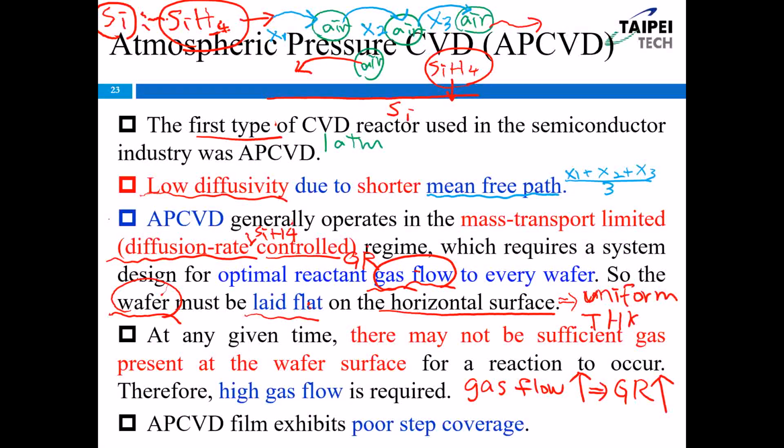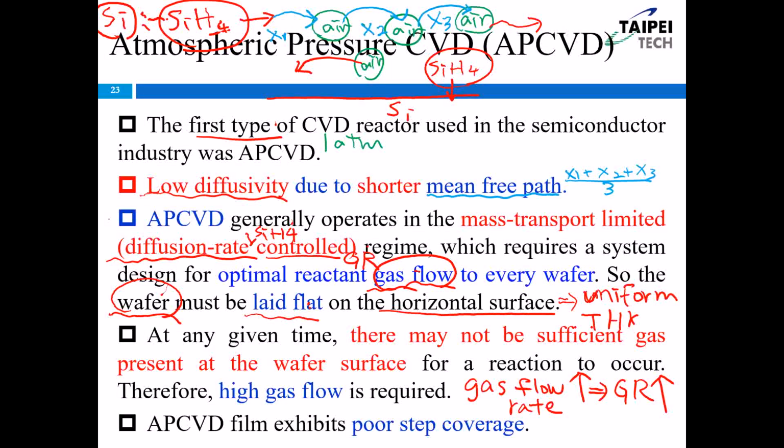Right now the temperature is not an important factor to affect the growth rate. Right now the gas flow rate is much more important. If you have a higher flow rate, the growth rate can also be enhanced.